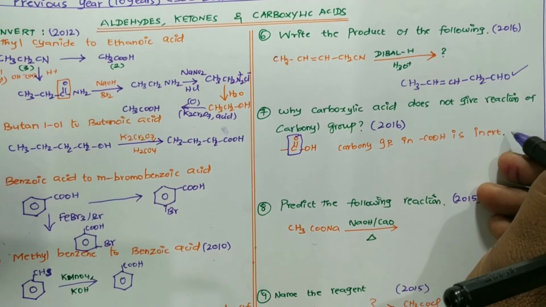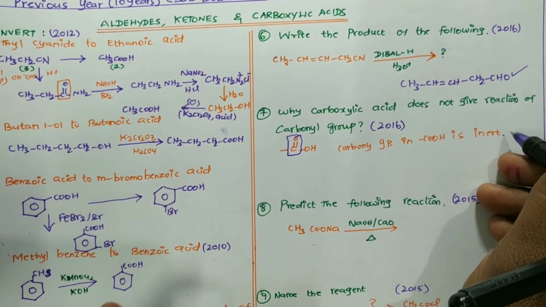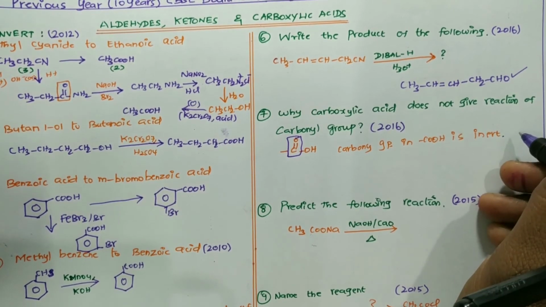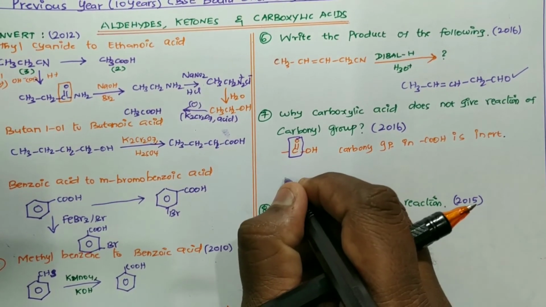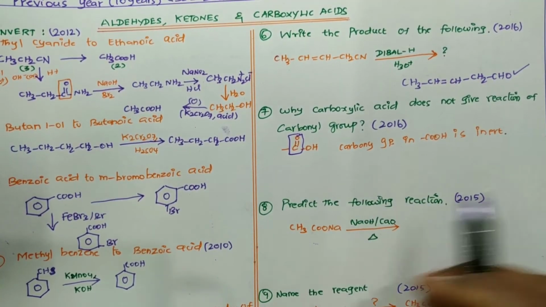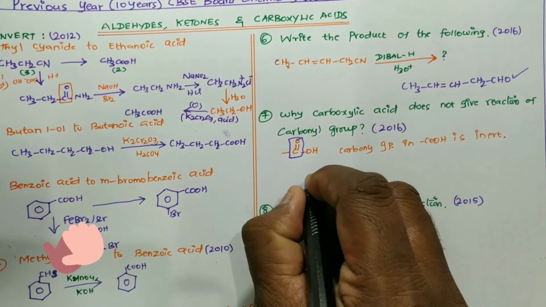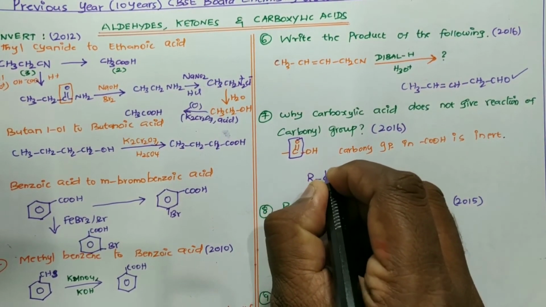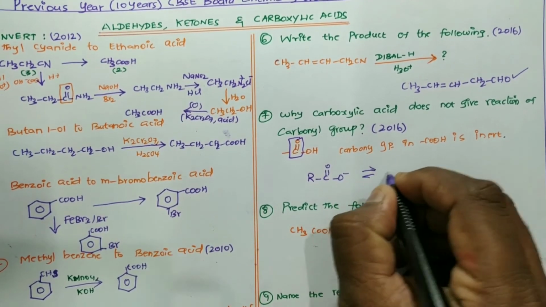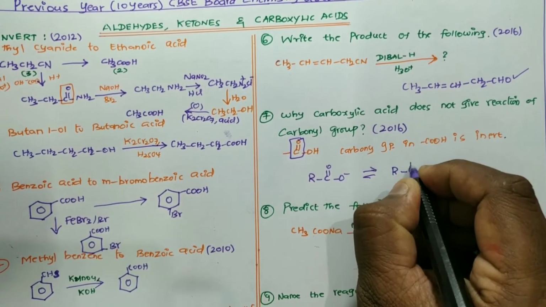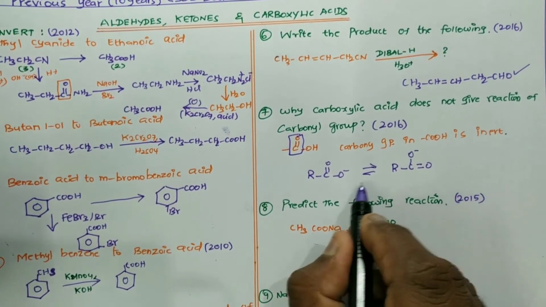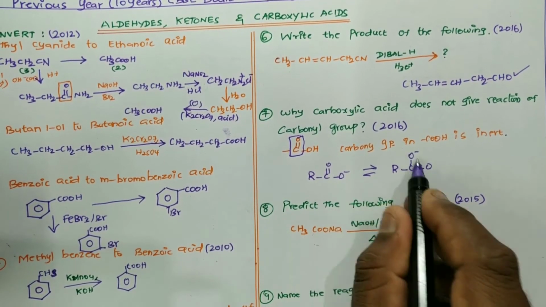That is, it does not undergo any nucleophilic addition reaction. This is due to resonance stabilization. Because of the resonance stabilization, the carbonyl group, R-C=O with O minus, is involved in the resonance structure, that is R-C(O-)=O. So it is involved in the resonance structure and gets stabilized.